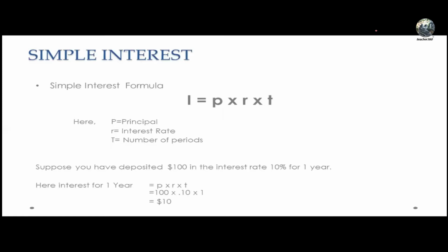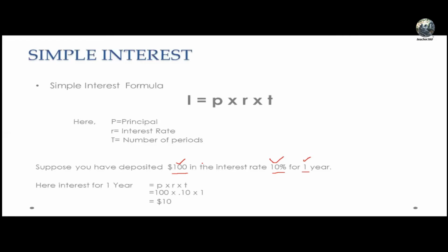For your understanding, there is an example here to find out simple interest. Suppose you have deposited $1,000 at an interest rate of 10% for 1 year. So what will be your simple interest for 1 year? Here your principal is $1,000, your interest rate is 10%, and number of periods is 1 year.